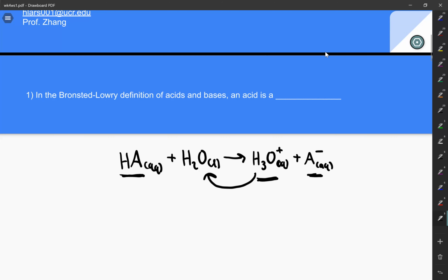So that means that this acid is giving a hydrogen to water. And because it's giving this hydrogen, it can be seen as a hydrogen donor or a proton donor. So the answer to this question would be proton donor.